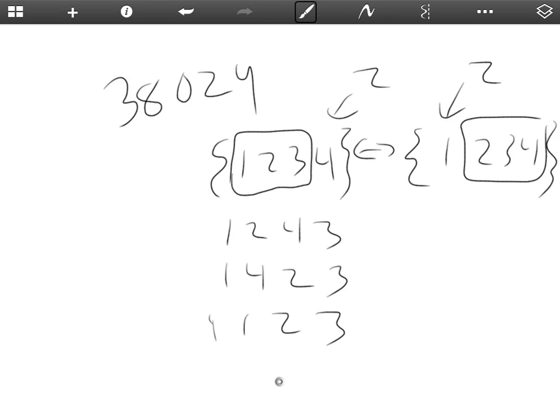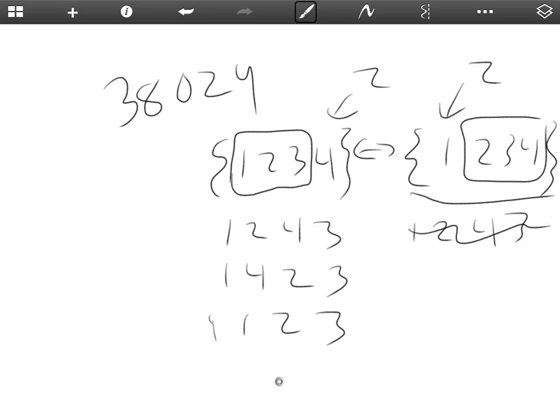What would be the other combinations of this one, just for fun? Let's just do it. 1, 2, 4, 3. Wait a minute, is that right? Perhaps we separated. Oh, right, sorry.